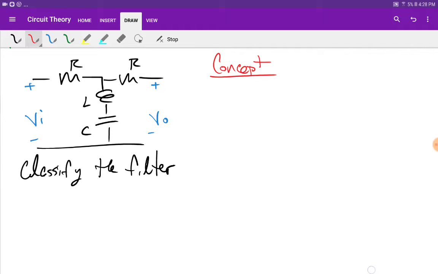Looking at the concept, the whole idea behind a filter is you're looking at the frequency response, right? That's what it is, the frequency response. So I'm just going to look at how frequency affects capacitors and inductors.